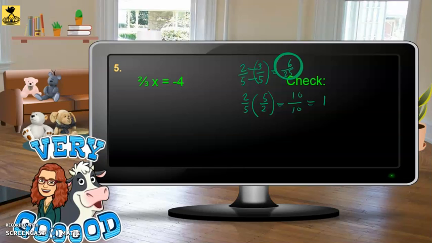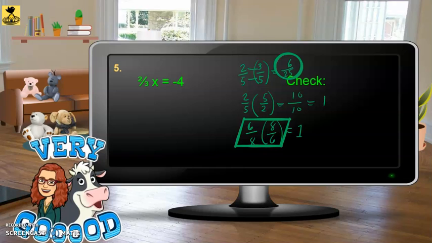So that will give us 1 as an answer. Same if I have, let's say, 6/8 times 8/6. The same thing, it will give us 48 over 48, and 48 divided by 48 will give us 1. So if you multiply reciprocals, any reciprocal will give us an answer of 1.